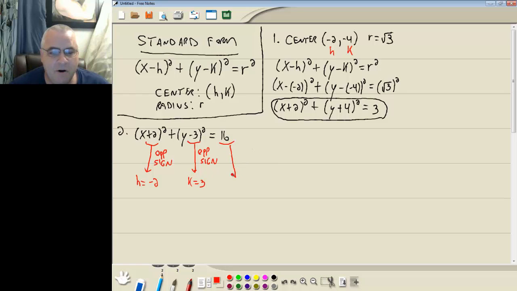Now this is going to give us our r, and we're going to take the square root of it. So r is equal to square root of 16, or r is equal to 4. Why is it opposite sign? Whenever you have a minus in your formula, like you see right here, then it's always opposite sign. Always flip signs. That's what a minus does.